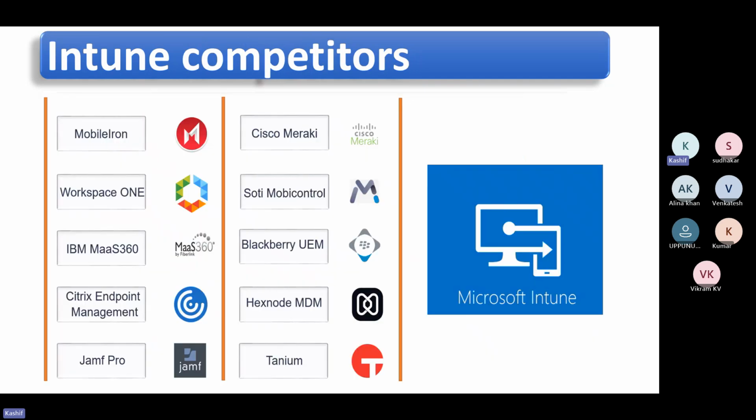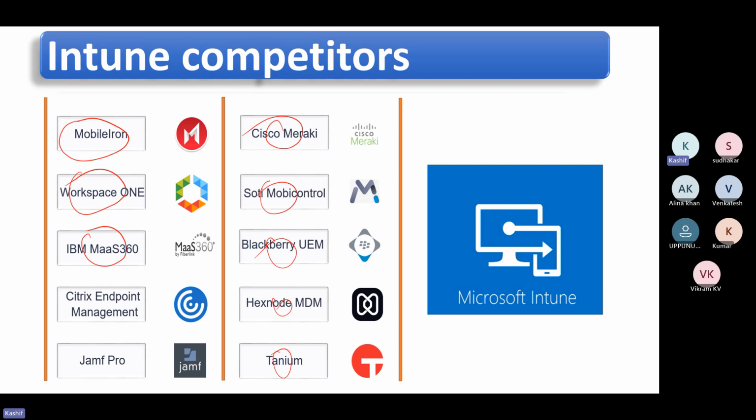Now, why should we go with Intune rather than any other mobile device and mobile application management? So we have Intune competitors. There are various Intune competitors like MobileIron, Workspace ONE, IBM MaaS360, right? Then you have Cisco Meraki, SOTI, BlackBerry, Hexnode, Tanium. So these are some of the competitors of Intune.